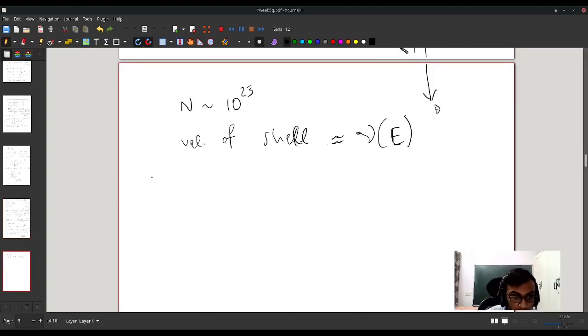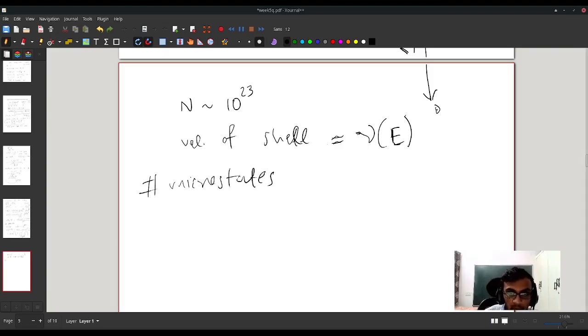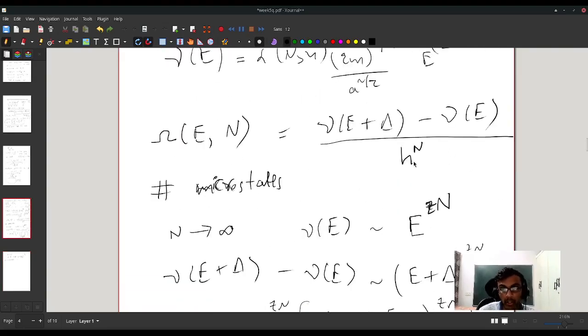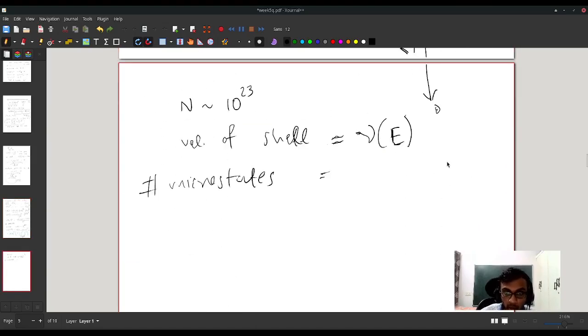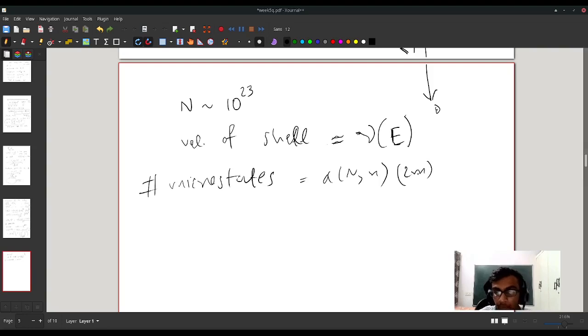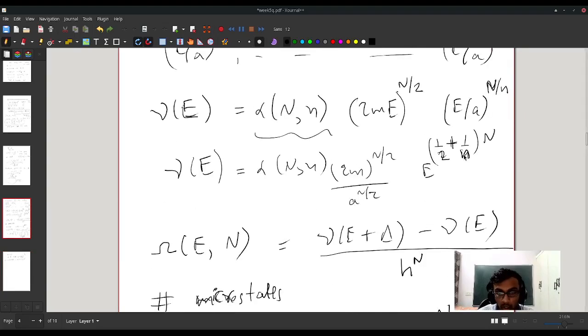We can then simply write that the number of microstates is V of E divided by the appropriate dimensionful quantity. So that is going to be this unknown function alpha multiplied by some constants. I hope I got this right.